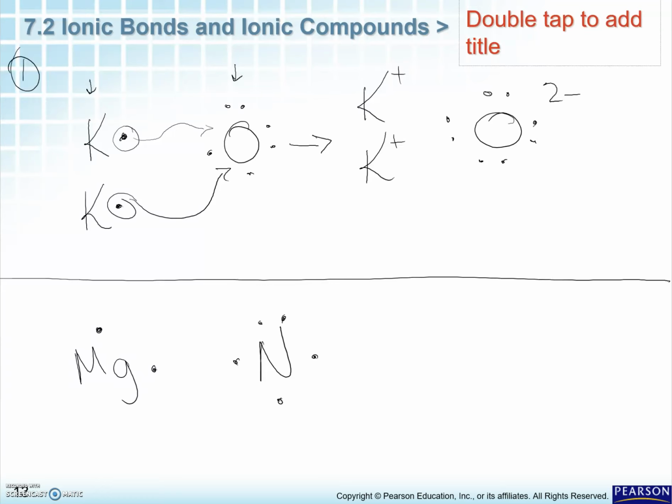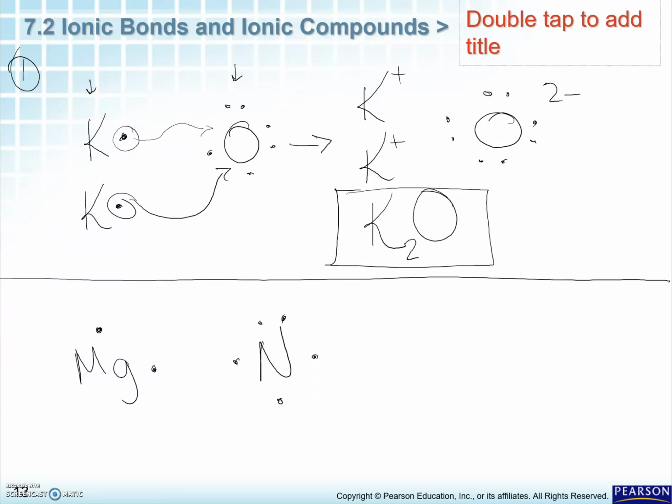So whenever you go to write that compound, you would start out with your cation, which is your potassium, and however many you have, you make that your subscript. So that would be K2, and then you would write how many oxygens you have, which is just that one. So our final answer would be K2O.